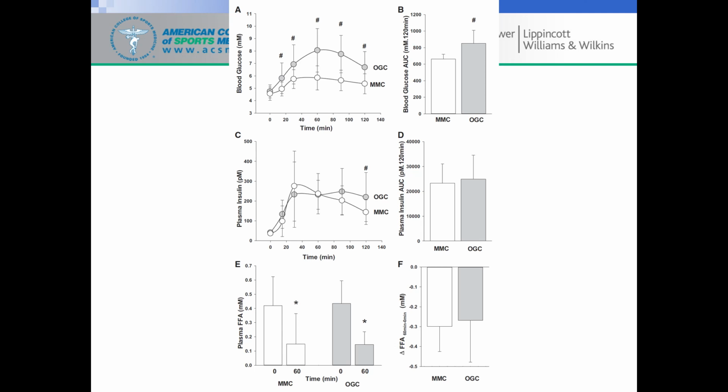So this would suggest that you have a lot more availability of glucose in the blood, the same level of insulin, and you're going to have a reduction in plasma free fatty acid, which is going to be a surrogate measure of adipose tissue insulin sensitivity. So you're moving out your free fatty acids from the blood more efficiently, I would say, than the glucose, because you have so much more glucose in the blood.